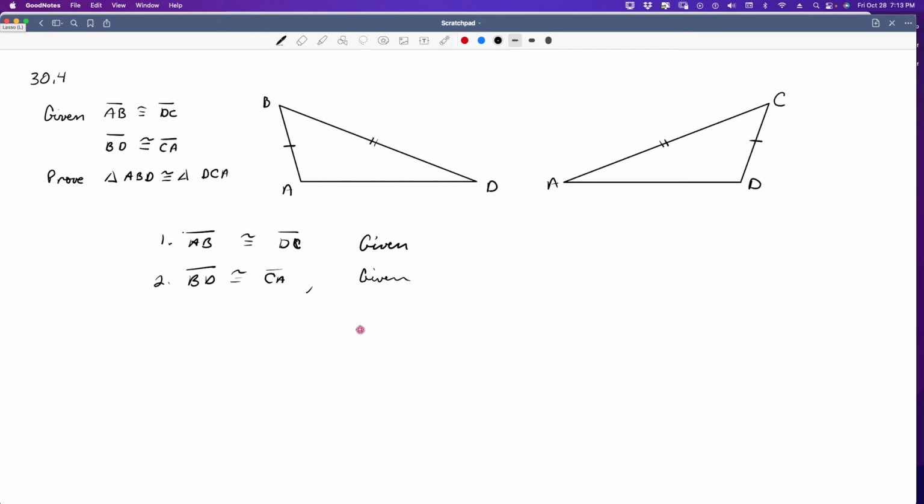Now, we know that these two are the same line, right? So therefore, we can say that these two are congruent because they are the same line. So we can say that AD is congruent to AD, and because they're the same line, that is the reflexive property.